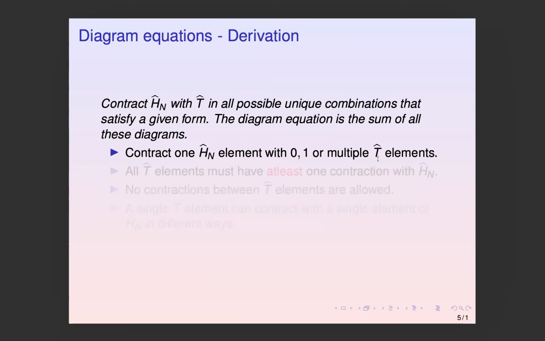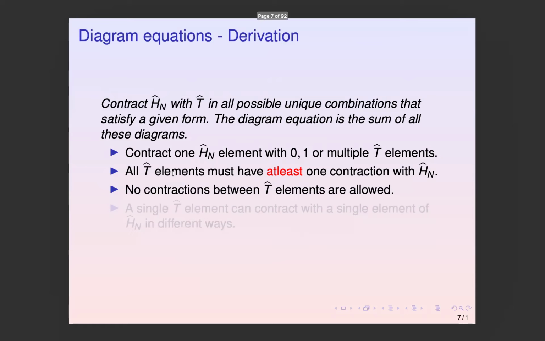So for the T2 amplitudes, we had the T2 squared with the operator H of n. All these elements must have at least one contraction with H of n, and no contractions between the T elements are allowed. And a single T element can contract with a single element of Hn in different ways.